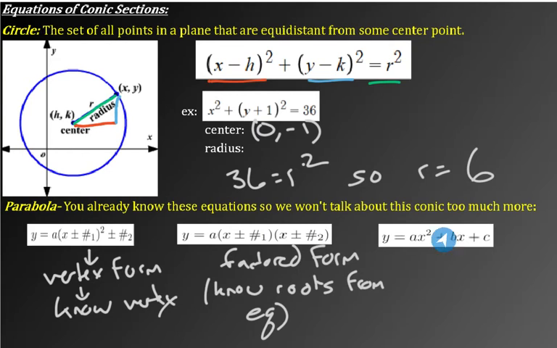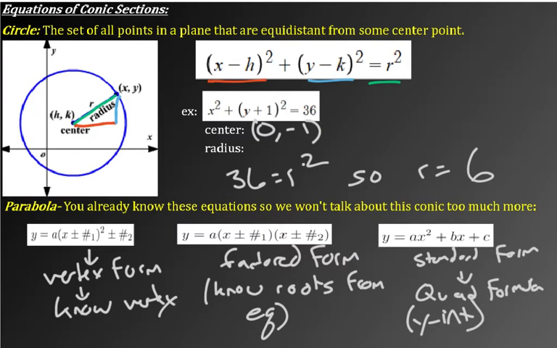And then this last one is standard form. And in standard form, the useful thing is usually using the quadratic formula, or the y-intercept, right? Because the y-intercept is always the c value, which you can't get from these other ones. You don't just know the y-intercept, but you need to use this form if you ever want to use the quadratic formula, right?